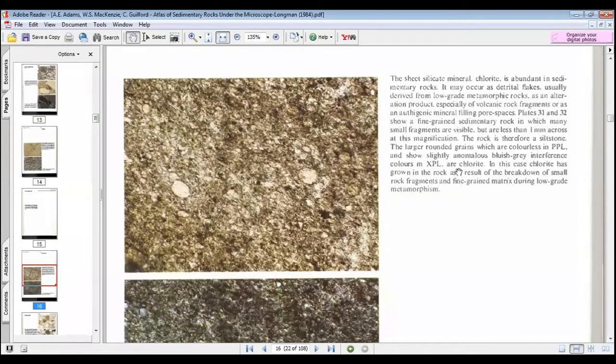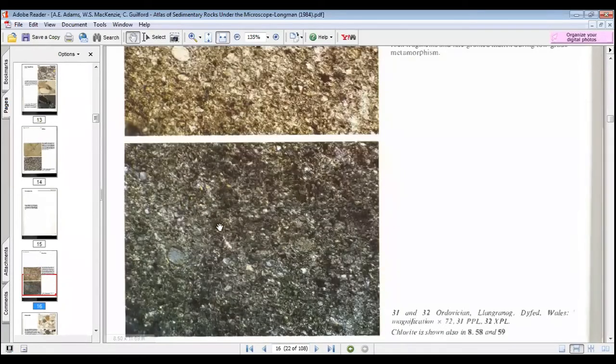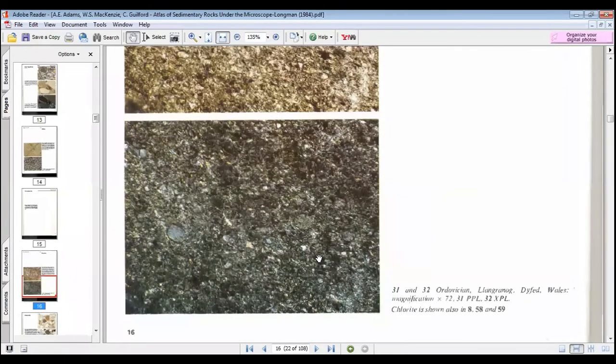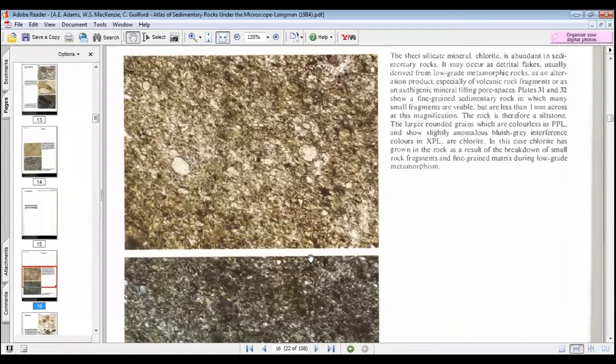You can also notice another thing, that you don't see very coarse quartz grains. Quartz grains are relatively smaller in this thin section, and it represents that this thin section is not from the sandstone family. This thin section is from the siltstone family, or you can call it a mudstone.